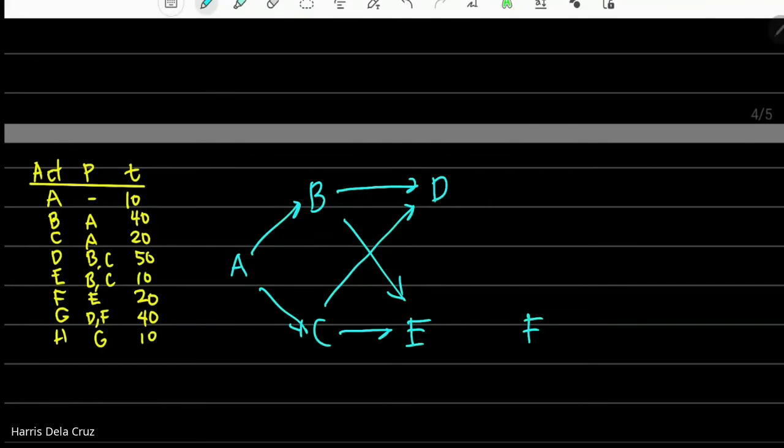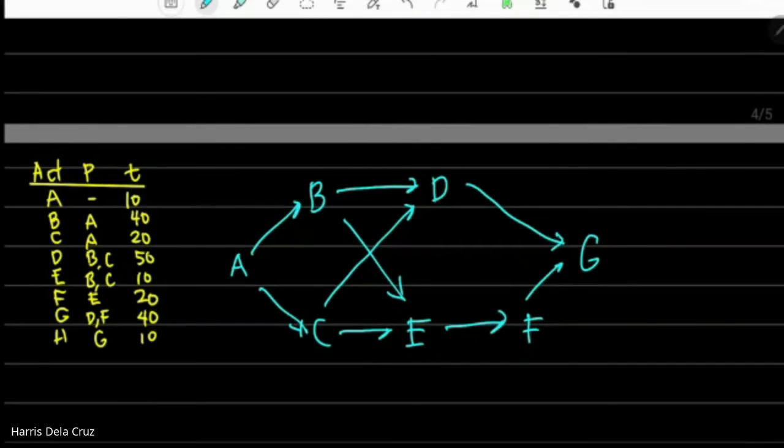Pwede mo ilagay yung F sa kahit saan. It's up to you kung ano lalabas dun sa final na itsura ng graph ninyo. Pero of course, alam naman natin na isomorphic lang naman kahit saan mo ipwesto yan, basta tama yung arrow. So E and then F. D and F, meron, kailangan matapos silang dalawa bago magawa yung G. So let me put G here.